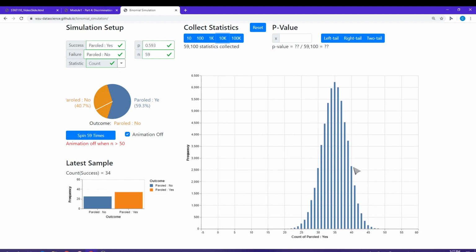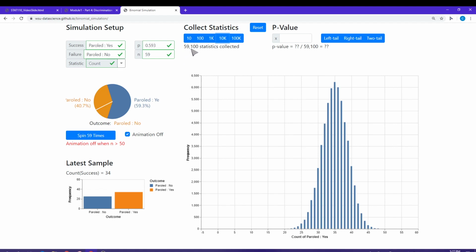Every single statistic on this graph represents what a selection would look like under a fair situation. If I were to let the simulation app do the paroling under a fair situation, how many would get paroled? The expected count here is 35, and of course that's the one that's going to have the highest bar.